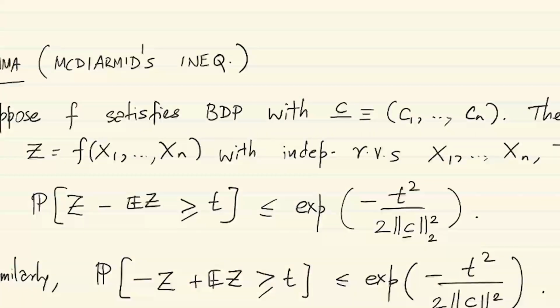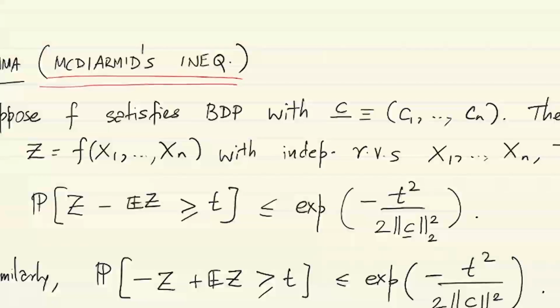So with this, we are ready to state what is called McDiarmid's inequality, which is a very powerful inequality that applies to the fluctuations of bounded difference functions of independent random variables.